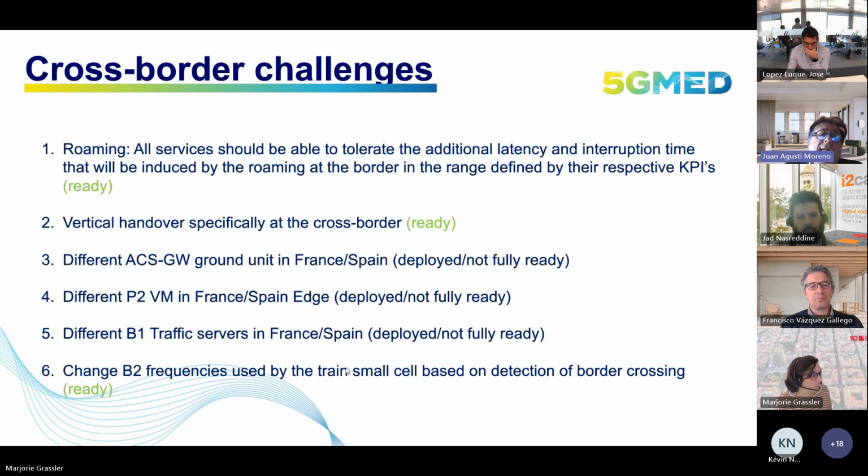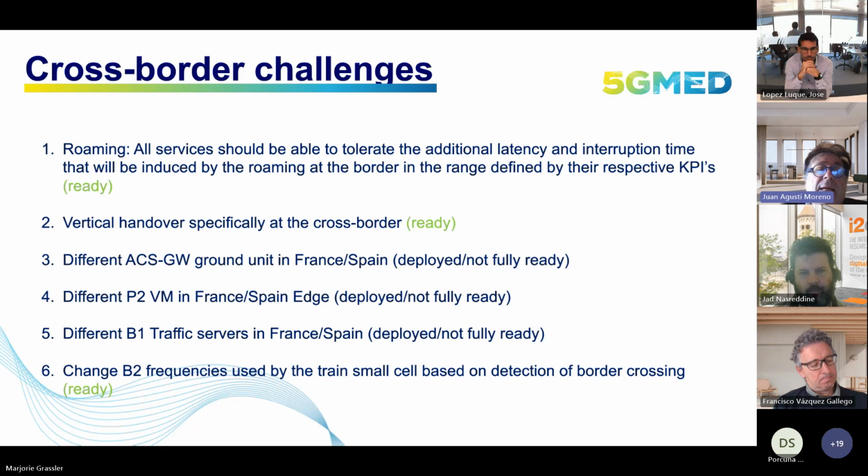Then the cross-border challenges that we demonstrate are, of course, the roaming issue. All the services must work with this seamless experience across the border. We have to perform specific handovers between the different technologies at the border because, as I explained, not all of them are available across the whole track.